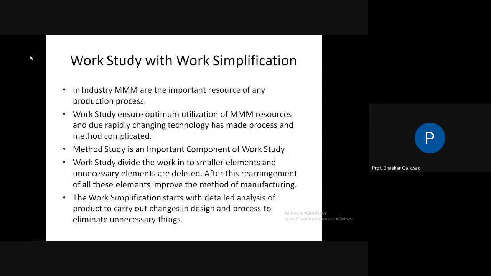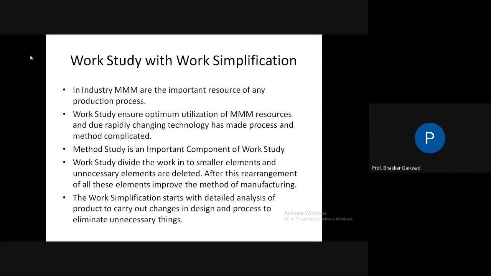Due to rapidly changing technology, the process and method have become complicated. Due to recent changes in technology, some of the processes are complicated, but we have to make them easy and simplify them by the work study.